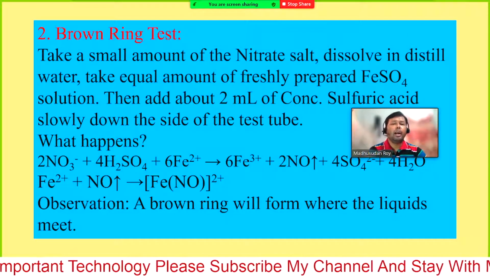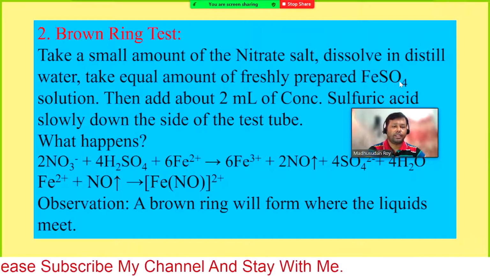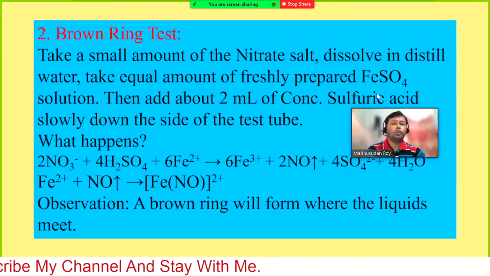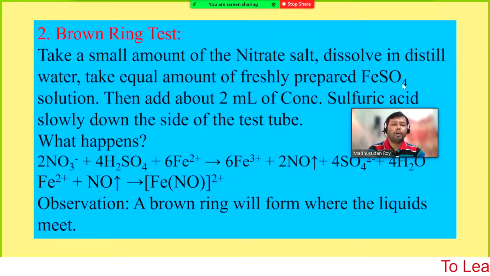Otherwise, this is iron 2 sulfate. If you prepare the iron 2 sulfate solution a long time before, automatically the iron 2 sulfate will convert into iron 3 sulfate.